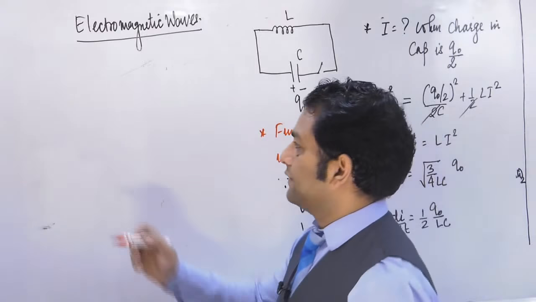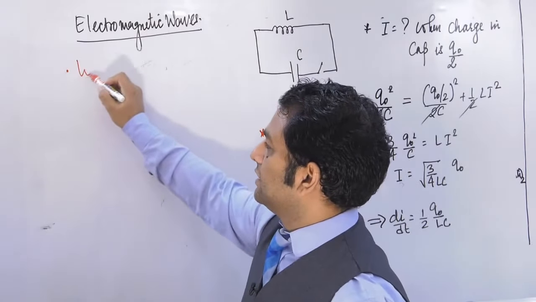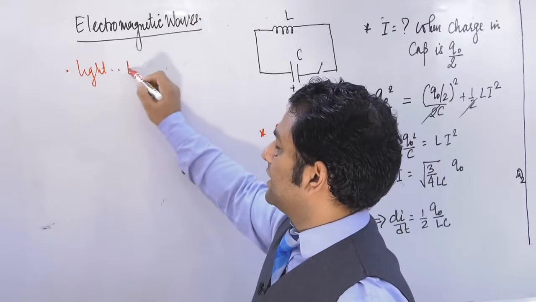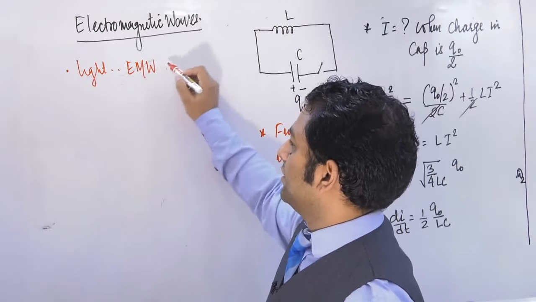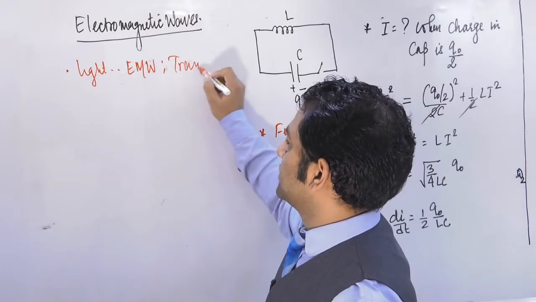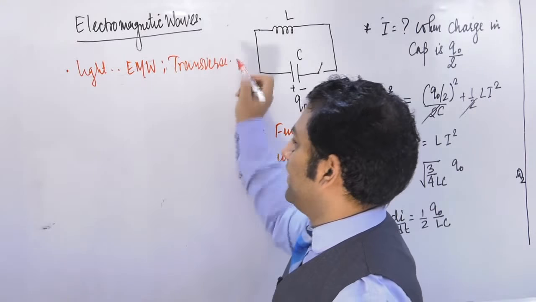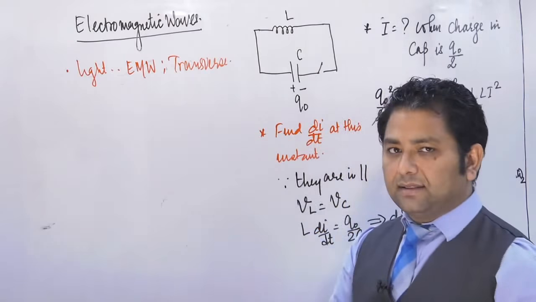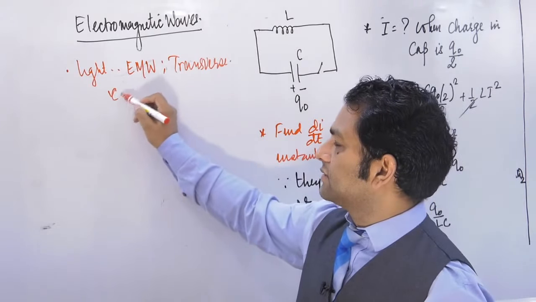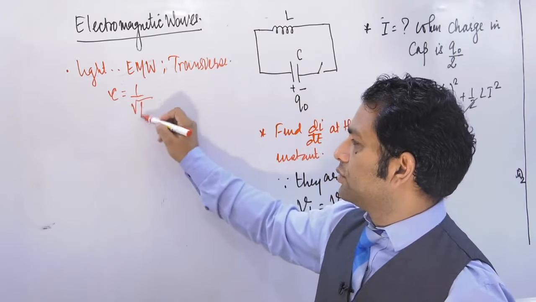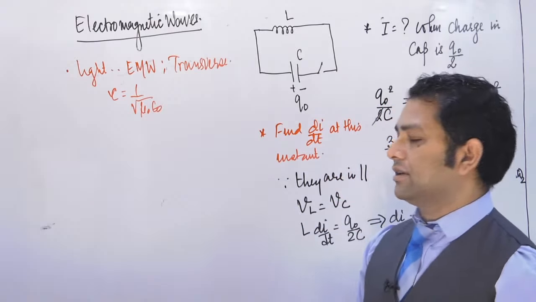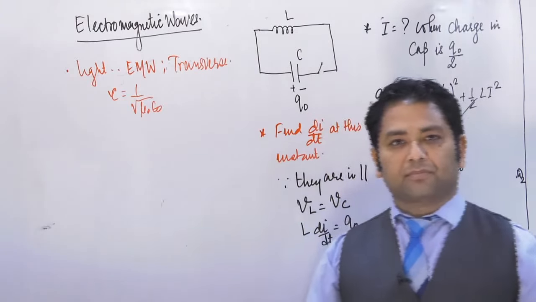All of us know the first part, that light is an electromagnetic wave, and also it is a transverse wave. That's a common fact we know. And this light travels with a speed 1 by root mu naught times epsilon naught in vacuum.